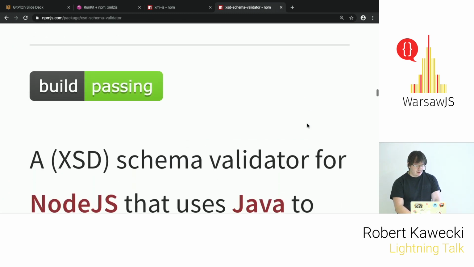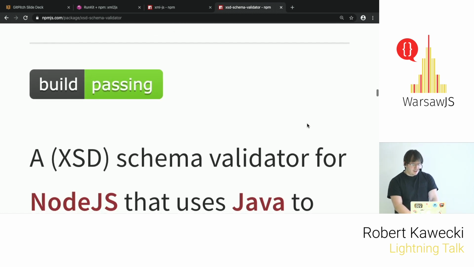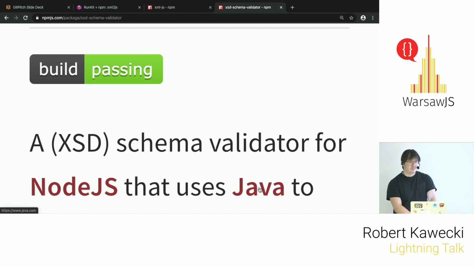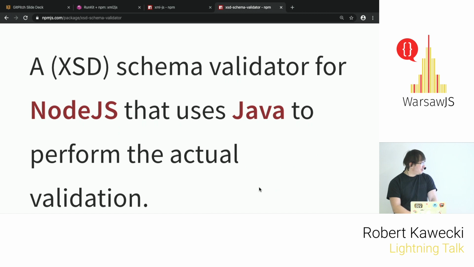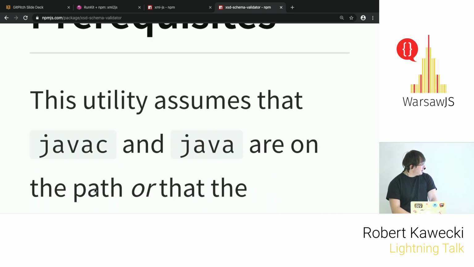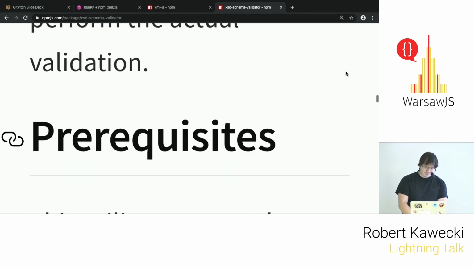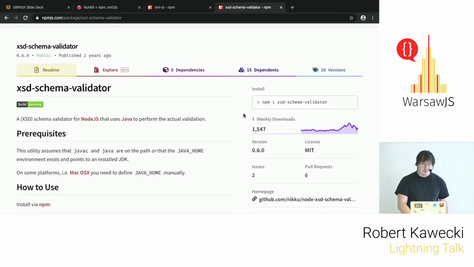This XSD schema validator for Node.js uses Java, and it expects you to have the Java compiler and Java installed on the machine where you're running this. There's no way you're going to have this in any environment whatsoever. So basically, this is the sorry state of XML on Node.js today.